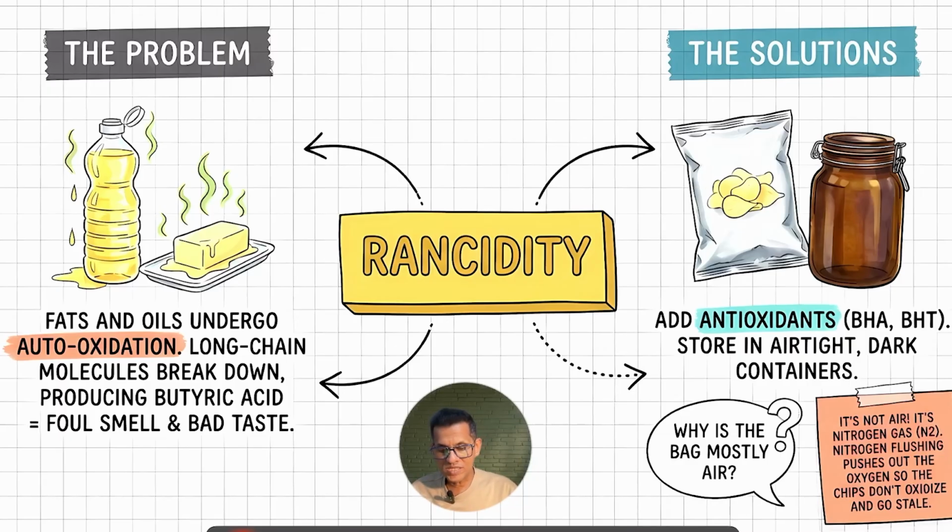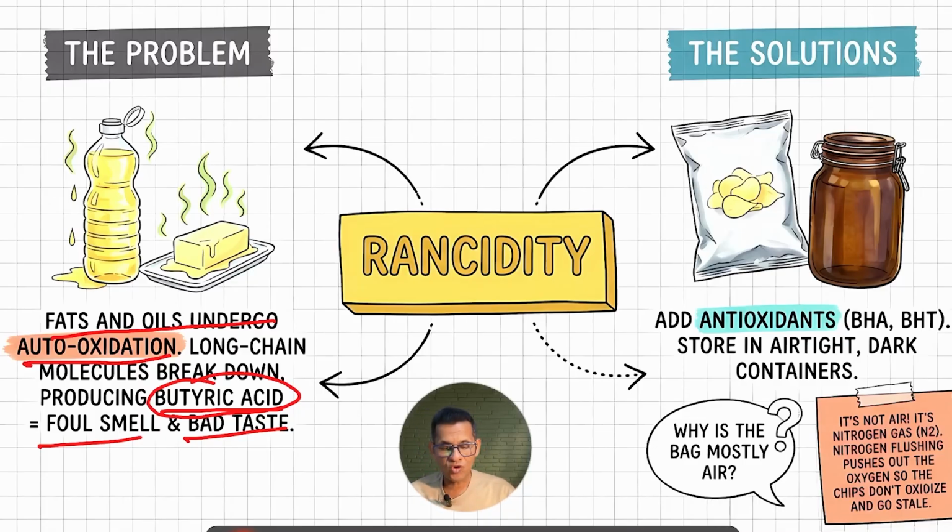So you must have observed this a lot with the fatty and oily foods. So you can see here fats and oils undergo auto-oxidation, and they start giving a foul and bad smell. They produce something called butyric acid, which is the reason why they start smelling foul and bad. You don't have to remember this particular acid as such, but remember why they start smelling foul and tasting bad.